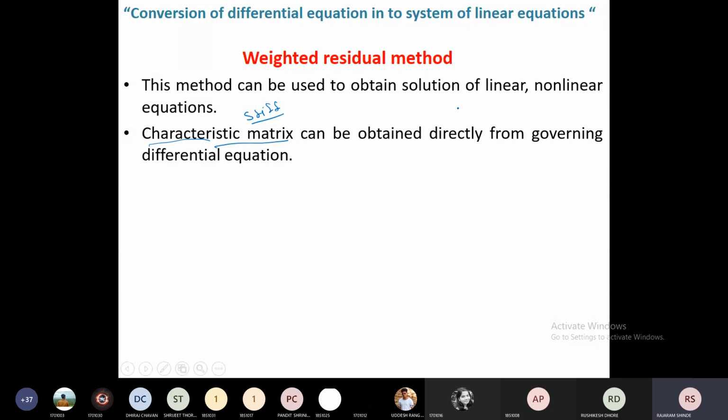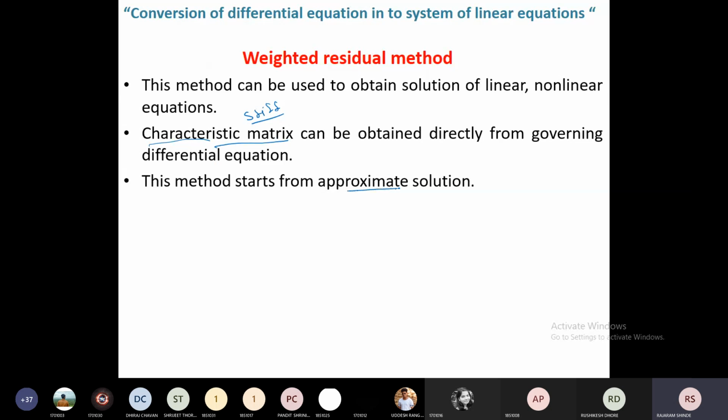There is no need of the concepts which we have taken, that is the principle of minimum potential energy in case of structural problems. You can skip this sentence, you will get it when we use the weighted residual method or Galerkin method for finite element formulation. Okay, next one, this method starts from the approximate solution.